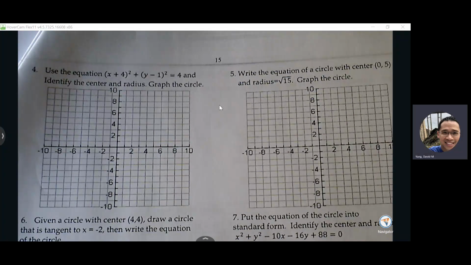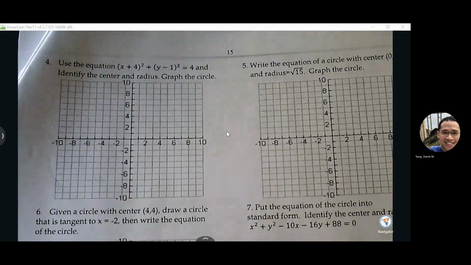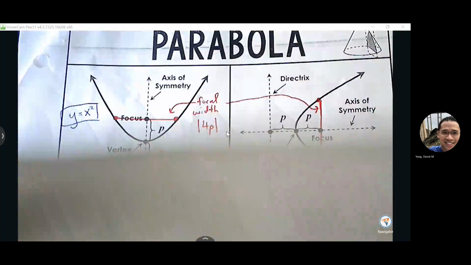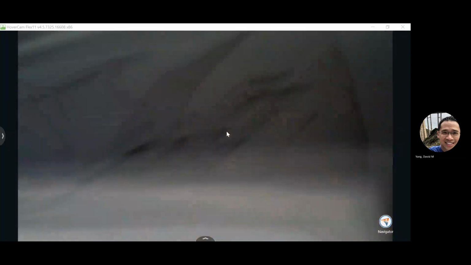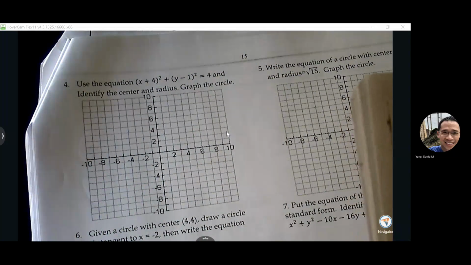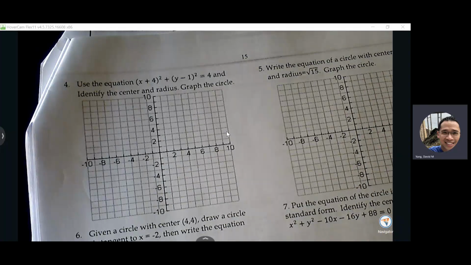You're going to start with your equation, find your radius, find your center. You will get to use your calculator tomorrow.